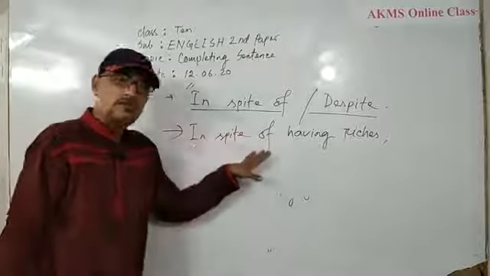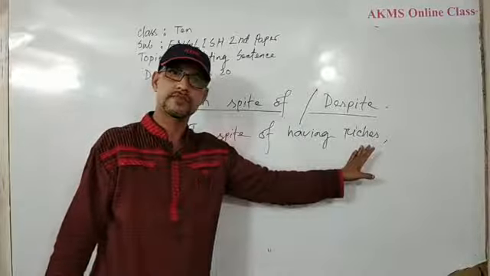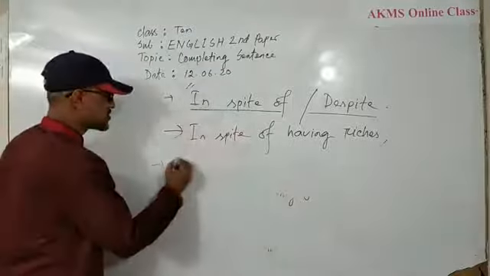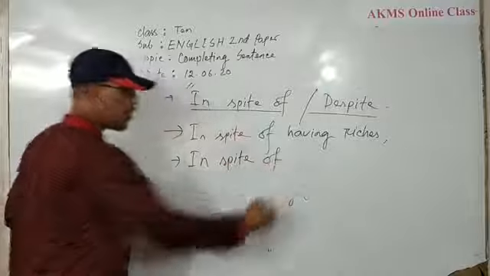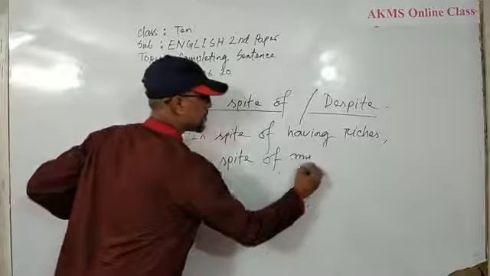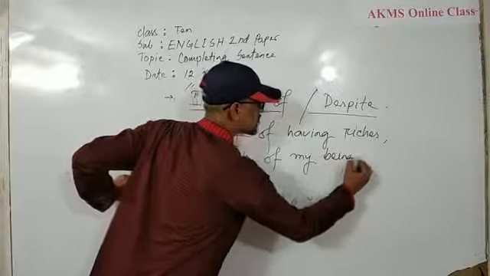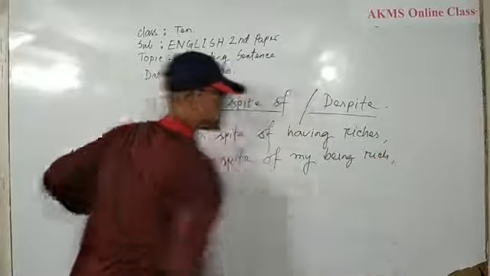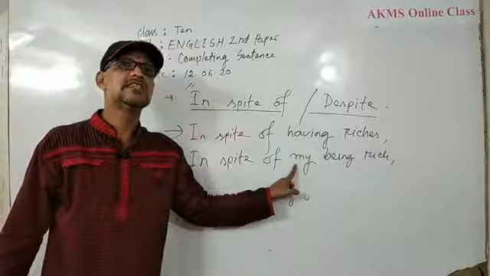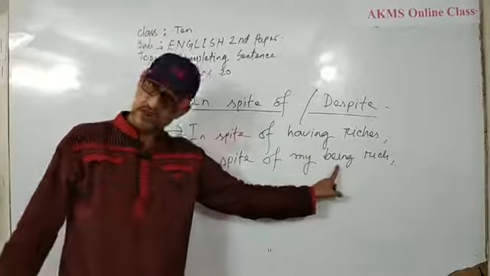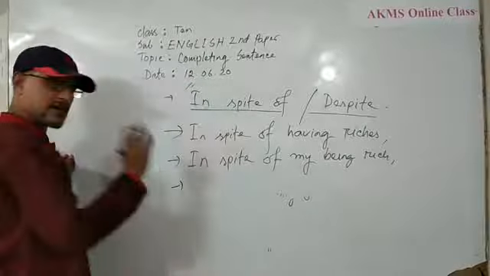After in spite of, I have used the ing form of the verb and then object. You may use in spite of my being rich. Here, after in spite of, I have used a possessive form and then the ing form of verb and object. You can write it in another form.